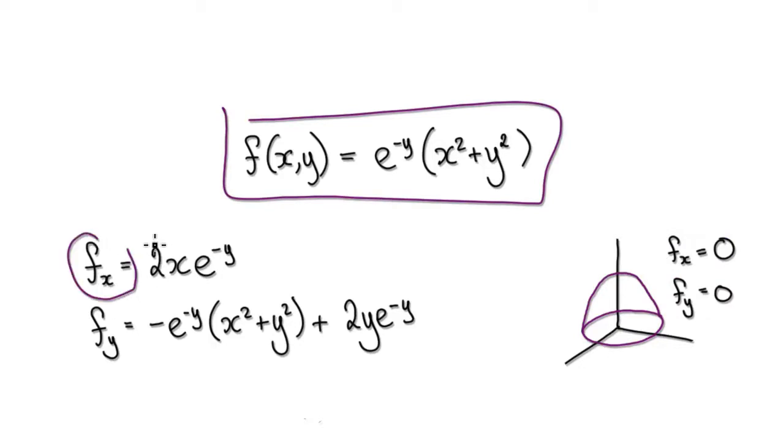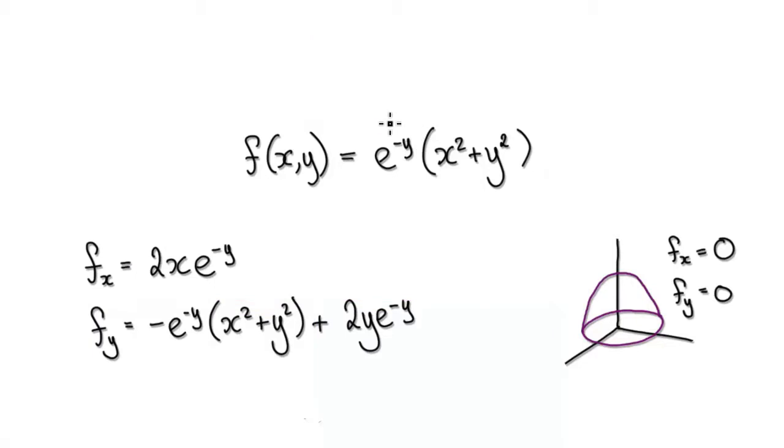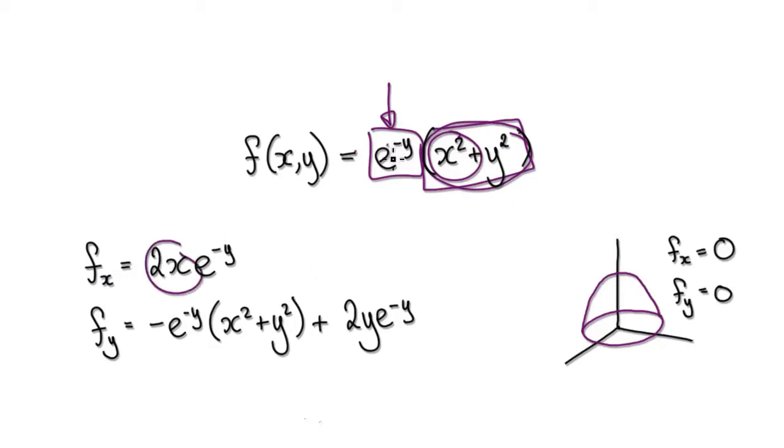So differentiate, take the partial derivative of this whole thing with respect to x. Here you've got two blocks, 1, 2. This is just a constant if you're doing it with respect to x. So it's just a matter of differentiating this. This will be 2x, and then this stays the same.